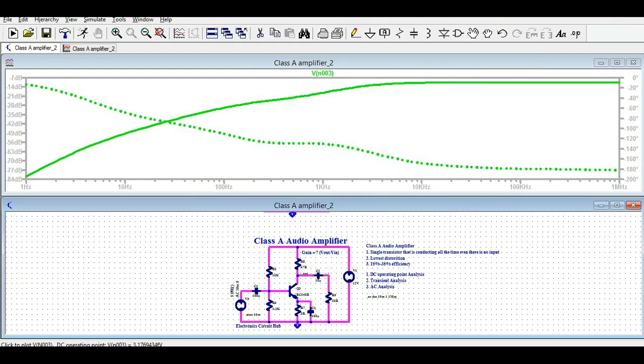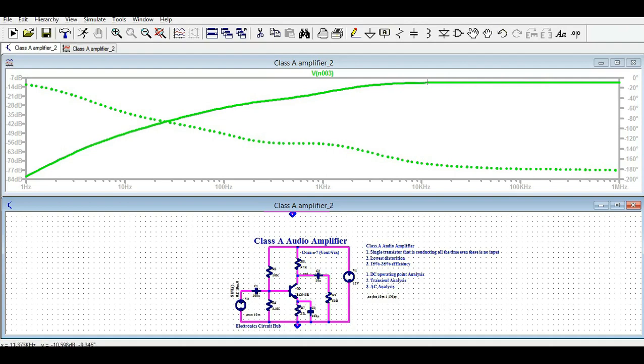You can see at the output, at some point your gain is more or less stable at about minus 10 dB. But after this, you can see your gain increasing.